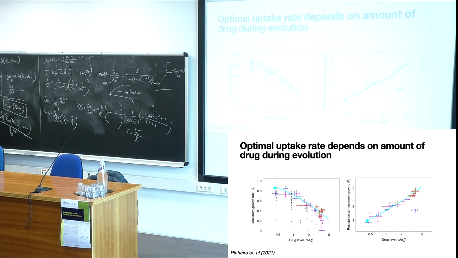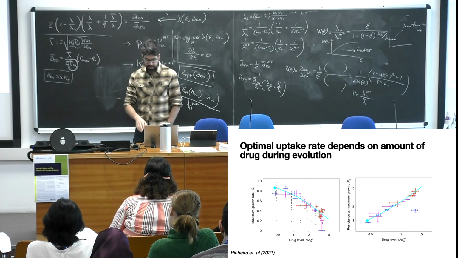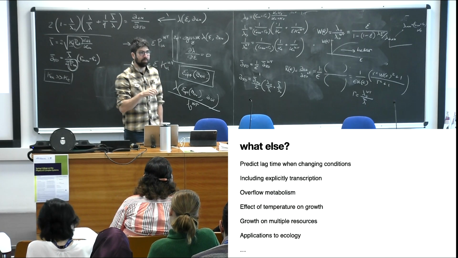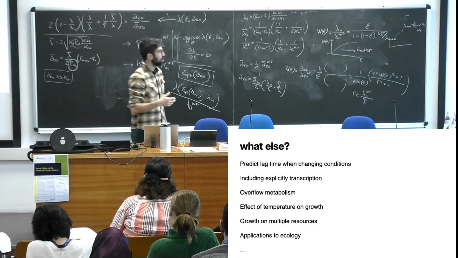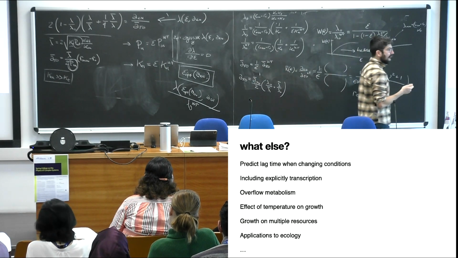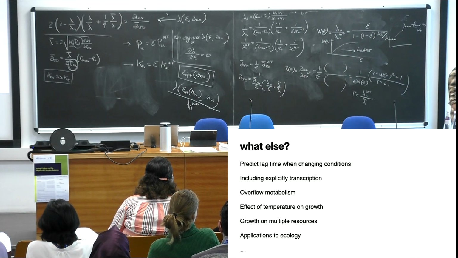So this is a list of examples, and in the notes for each of these examples there are references. You can use these frameworks to predict how much time it takes to physiologically adapt, so to start growing again when you change condition.